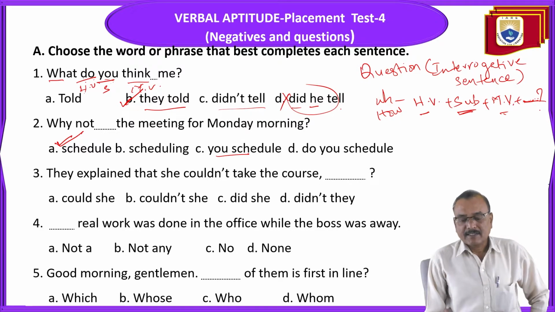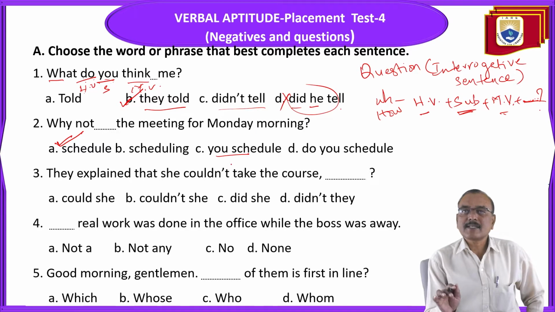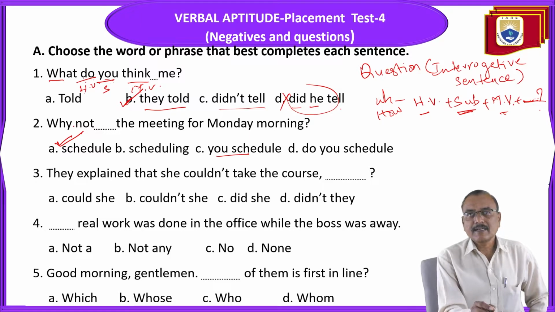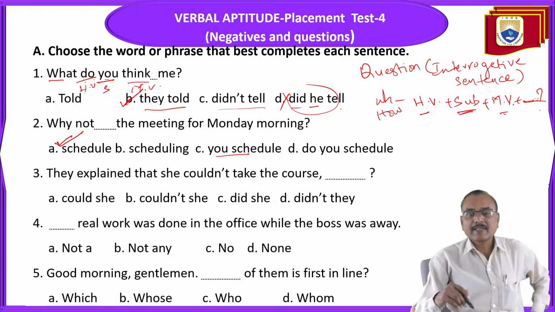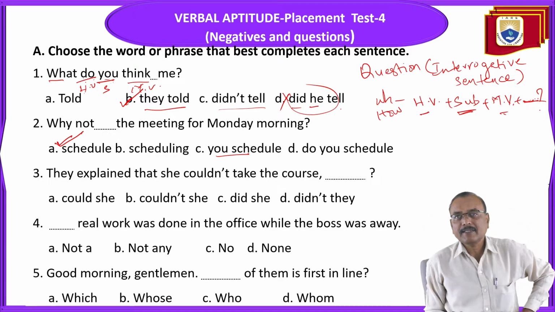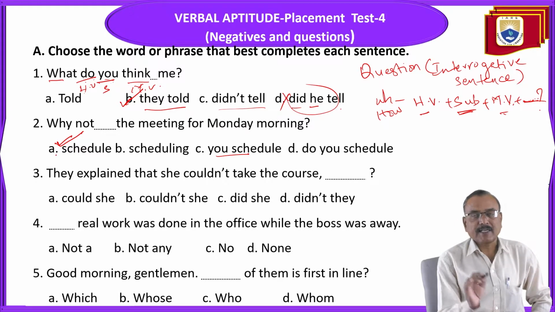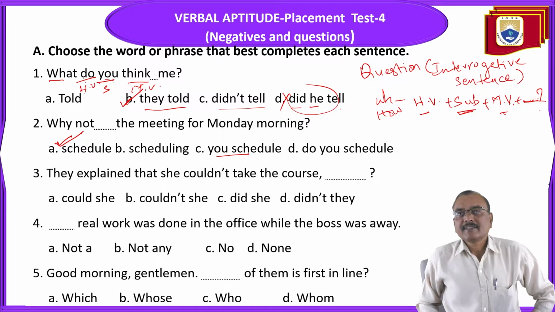Even why don't you schedule is also correct, but why don't you is not there in the options. Don't you is implied here, because we are addressing the second person only, so then you is not necessary. So this is enough: why not schedule the meeting for Monday morning? This is a suggestion.